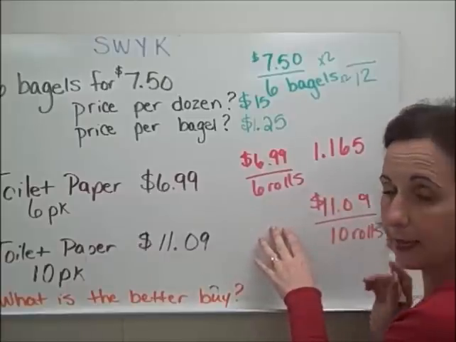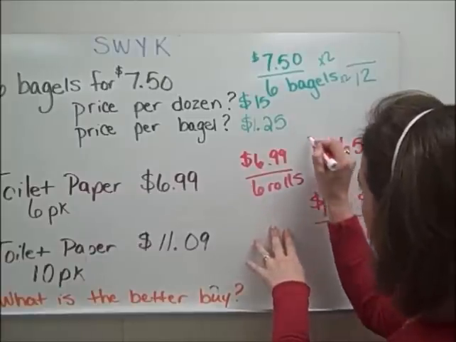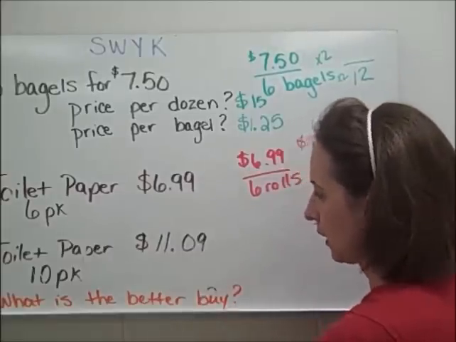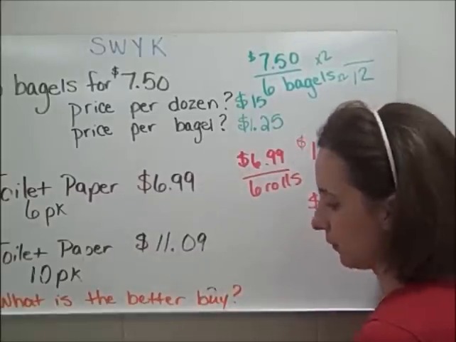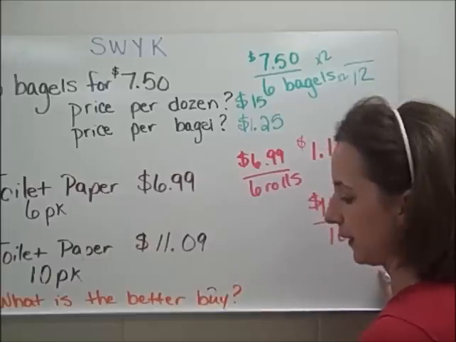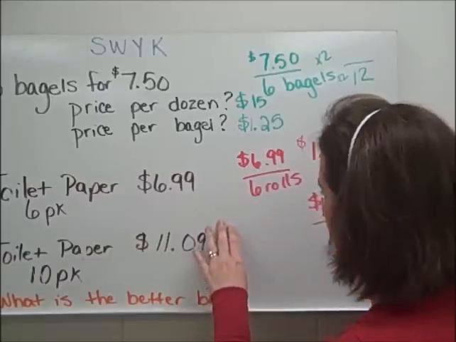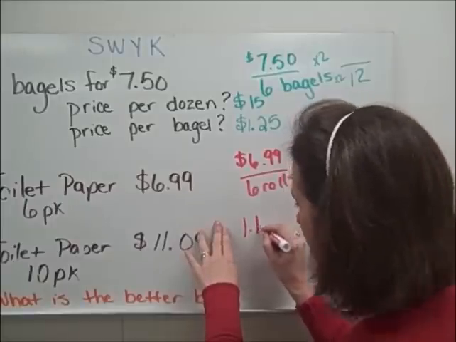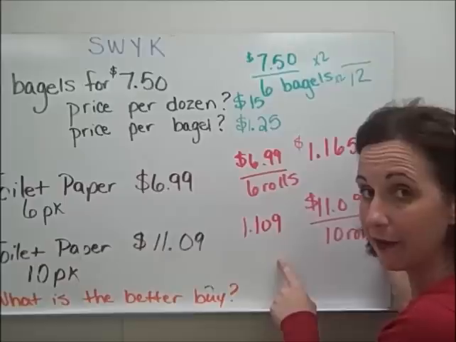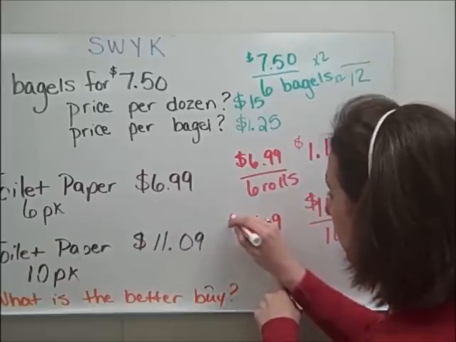This would probably at the grocery store be rounded to $1.17 per roll. This unit rate would be $11.09 divided by 10, which would be 1.109, rounded to 1.11 per roll.